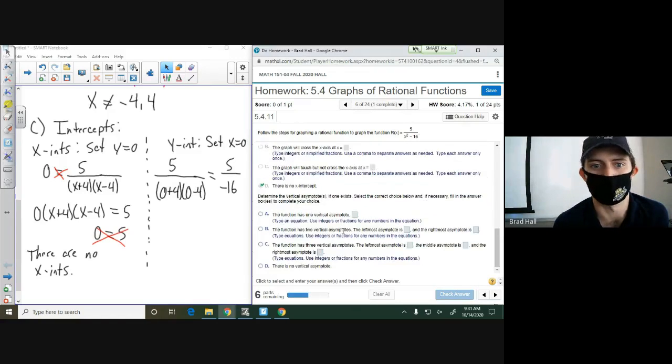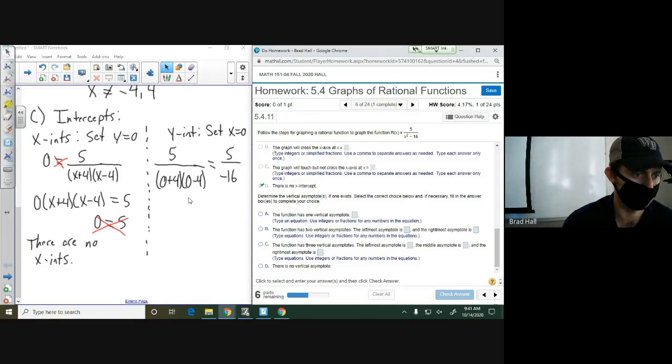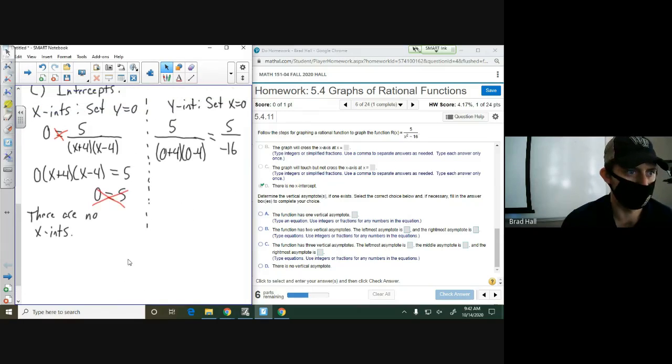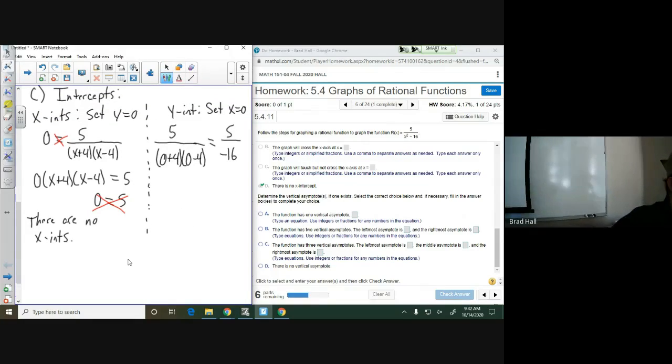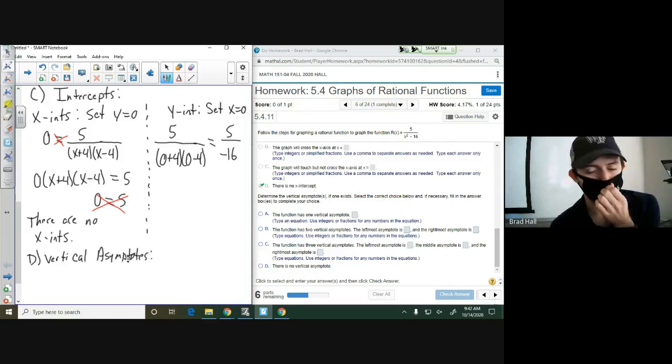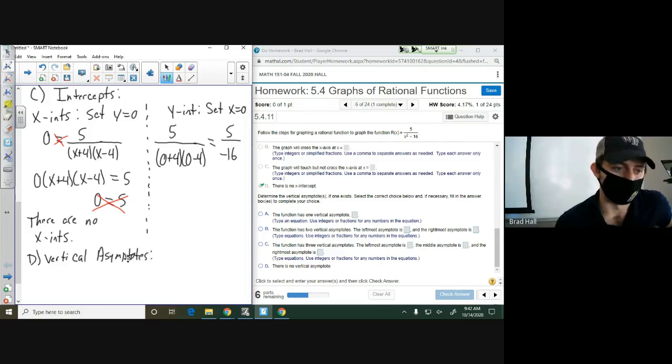Now we need to determine the vertical asymptotes. As I mentioned in my workbook session from Monday, the vertical asymptotes are normally always the domain, just with a slight variation.